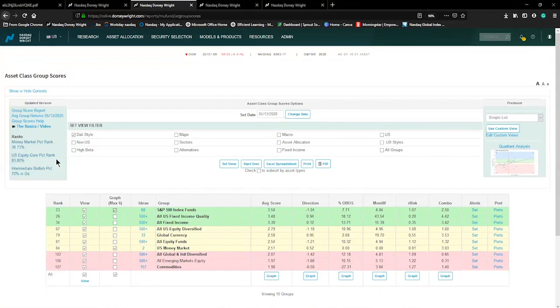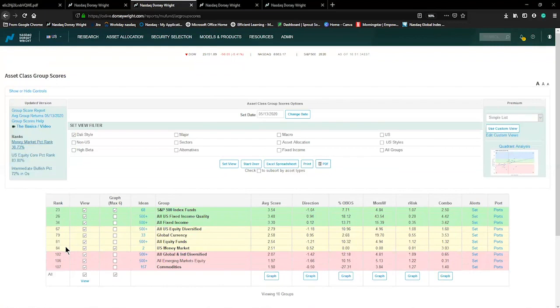One of them is the money market percentile rank. Now, how that's achieved is to find out where money market is amongst all these 130 some asset classes that Ian pointed out earlier in this presentation, and then find its slot or its rank, and then convert that rank into a percentile rank from 0 to 100.